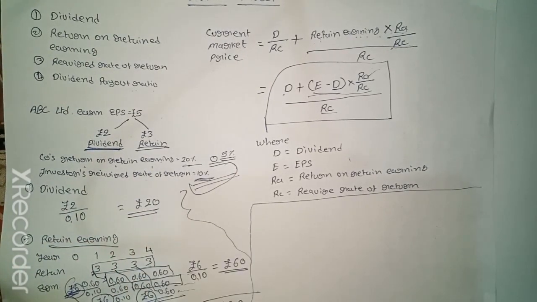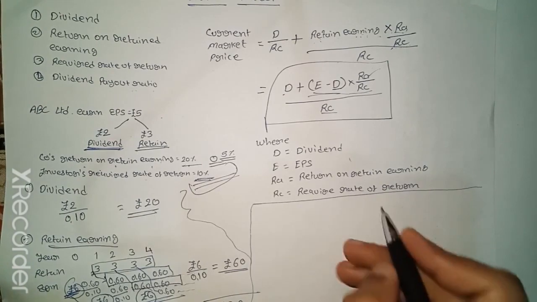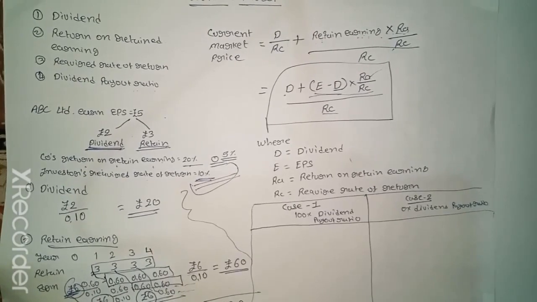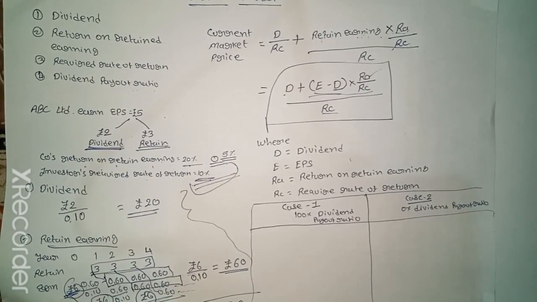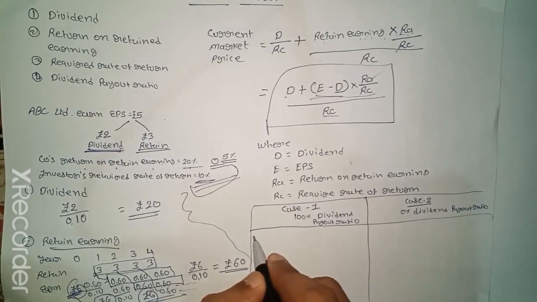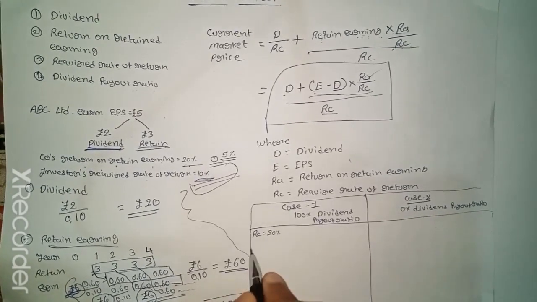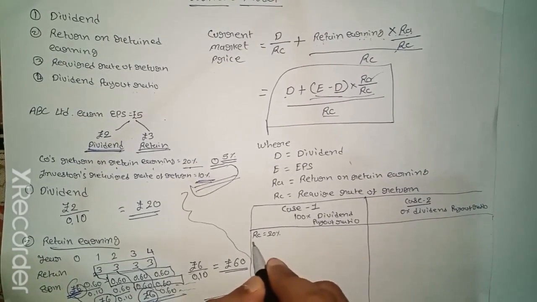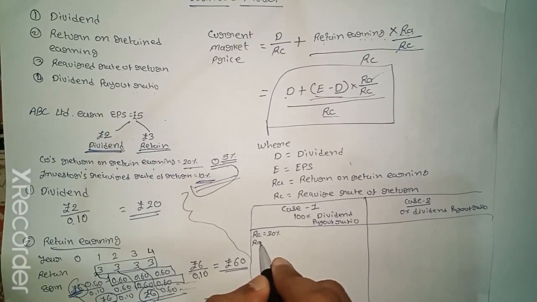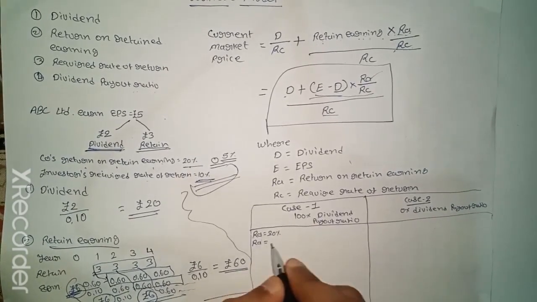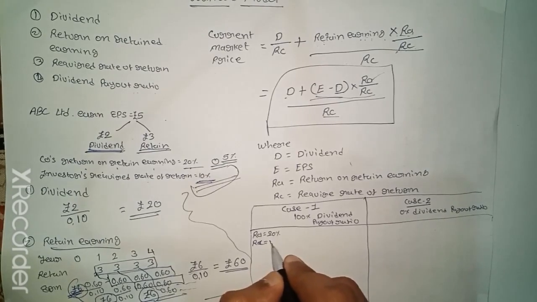In one case, we take 100% as a dividend, and in the second case, we take 0% as a dividend. First, we take return on retained earning as 20%, and required rate of return, RA and RC, as 10%.